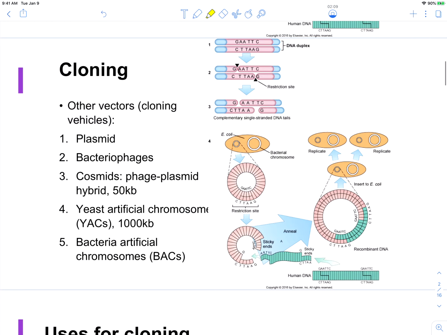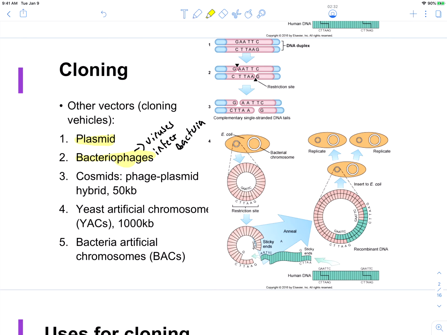Now, there are different cloning vectors. We talked about plasmids. There are also bacteriophages, which are viruses that infect bacteria. These can bring genes, so they can transmit genes between bacteria.